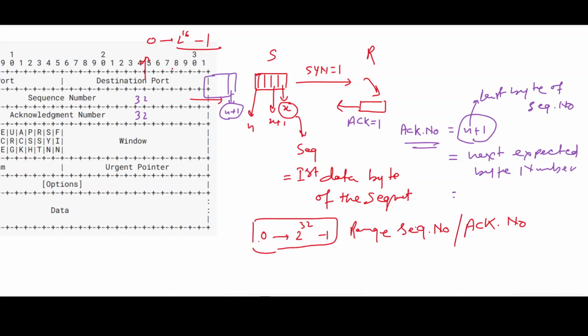That means we have a probability to provide a larger number, we can use different types of numbers. Clear? So we have a choice to write different types of number. 2 power 32 minus 1, we can use any number.